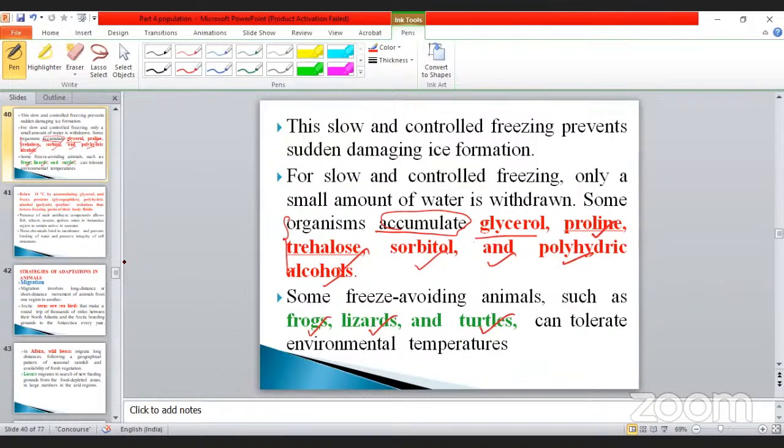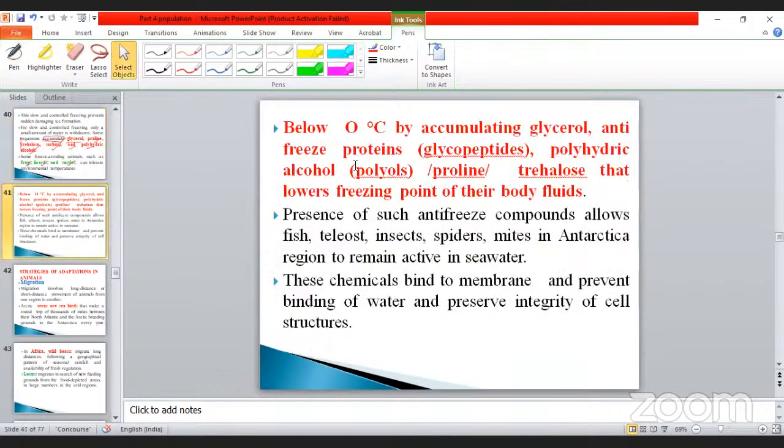Okay, my dear, this is the exception. How will it be? See here, below 0 degrees Celsius, by accumulating glycerol, the anti-freeze protein is called glycopeptide. Sometimes they may ask this question, my dear students.